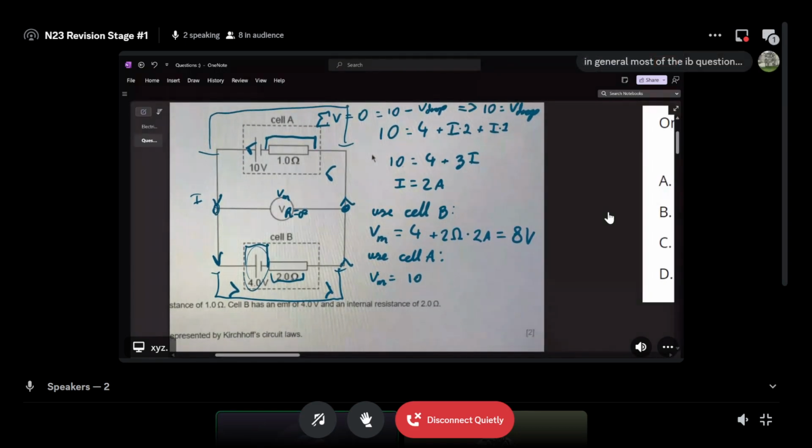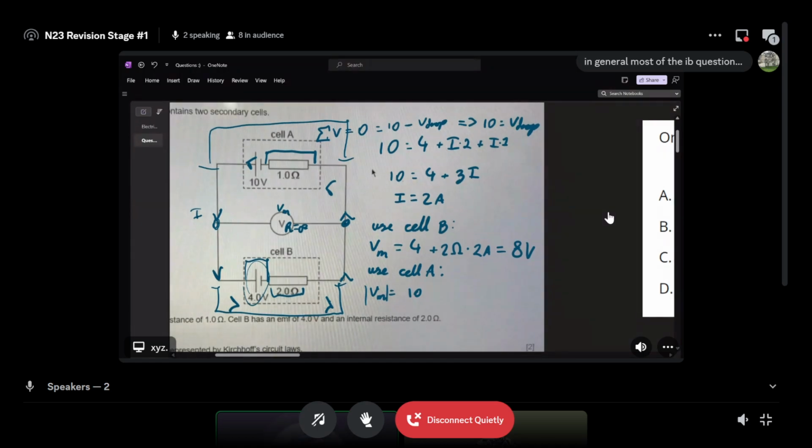Signage here, I'm just going to do absolute. But the reason you get the opposite sign is because on one side, you're measuring from the positive terminal of a battery to the negative, and the other side, you're measuring from the negative to the positive terminal. That's what's going on.